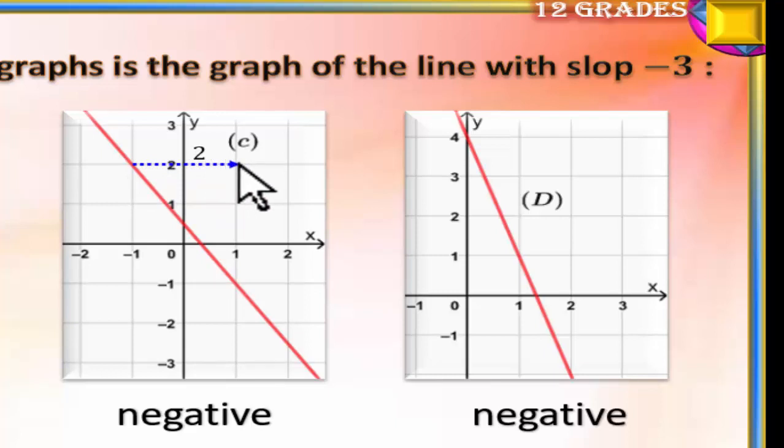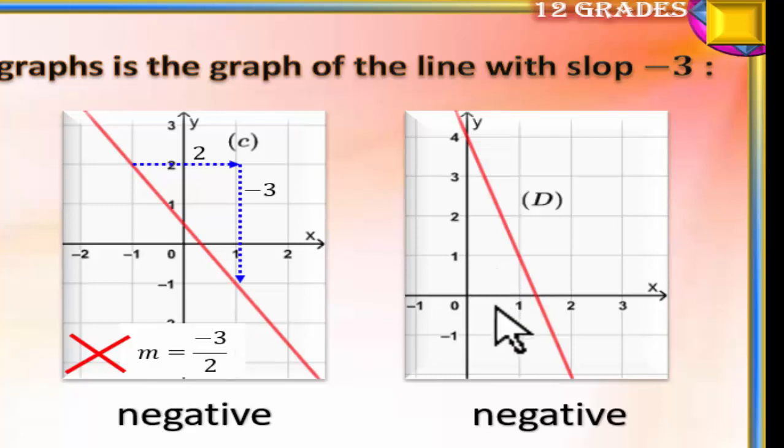And from the end of this vector, draw a perpendicular vector on the x-axis like this, and we can see it's 1, 2, 3, which is -3 because it is going down. Then the slope is delta y over delta x, which means -3 over 2. It is not -3, then it is not a correct answer.